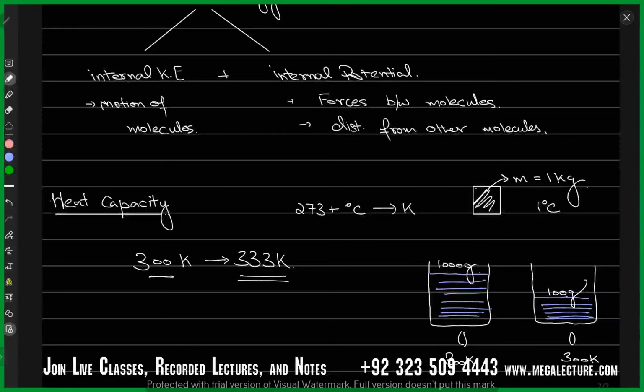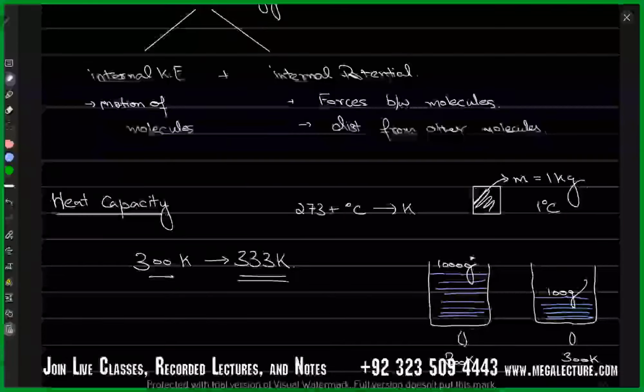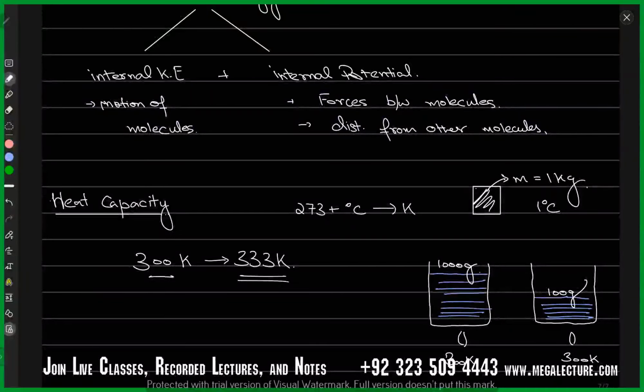So that's where the idea of heat capacity comes from. We can say that this 1,000 grams of water has 10 times more heat capacity than this 100 grams of water, right? So heat capacity is just the amount of thermal or heat energy that I need to raise the temperature by some amount, right? We say by 1 Kelvin, right? Does that make sense?